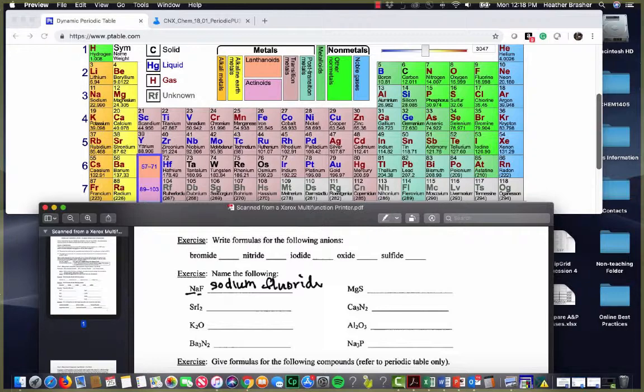For the next one, Sr is strontium, I is iodine. So here we have strontium iodide. Realize that at the end we're using the "ide."